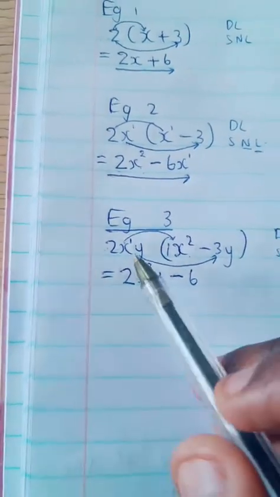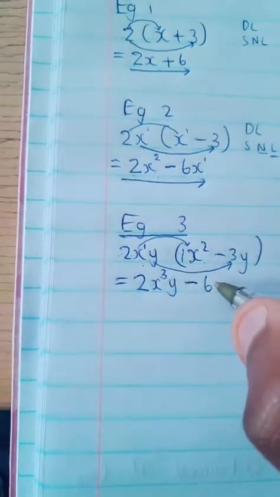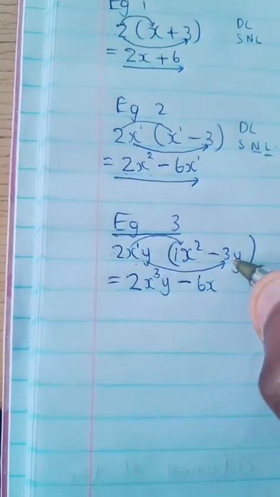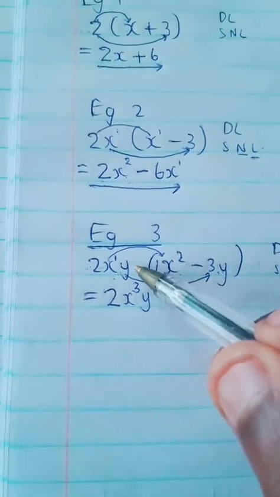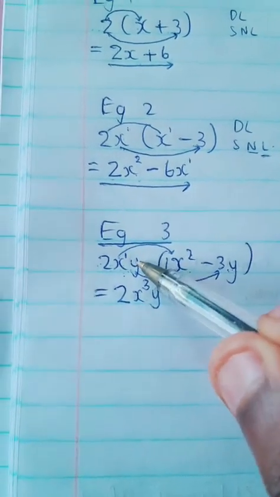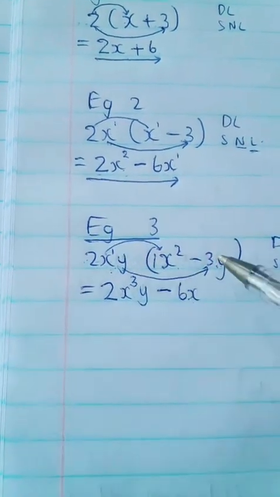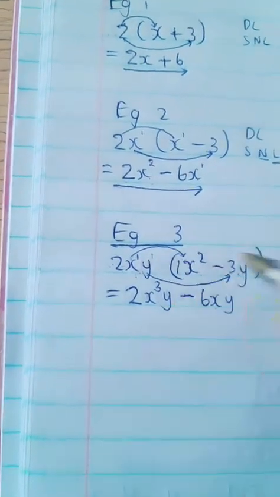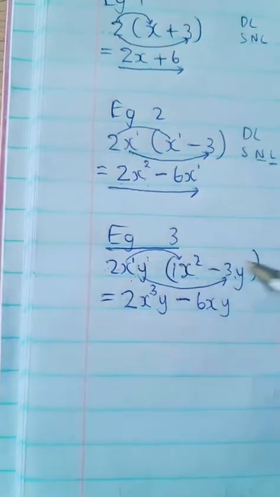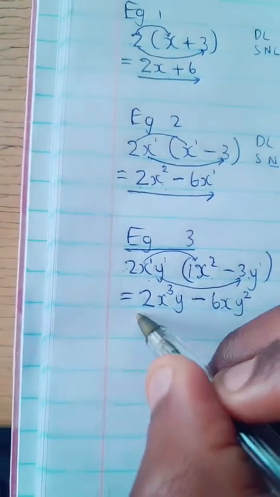Then x is alone. So we write x alone because there's no other partner x on the other side. So we write x as it is. Then y. y is not alone. There's a y here and there's a y there. So y times y. We keep the base, we add the exponents. There's a 1 and there's a 1 there. So that means 1 plus 1 is 2.